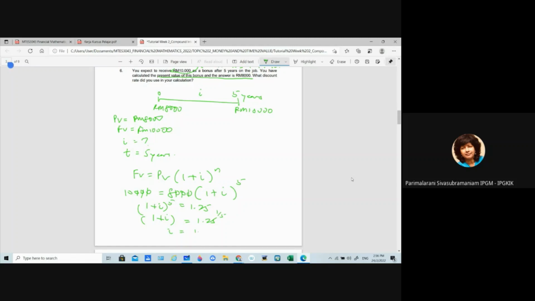So i is equal to 1.25 to the power of 1 over 5, minus 1. Straight away using a calculator, we will get 0.04564, which is 4.56%. Don't forget to write your answer. The discount rate is 4.56%.